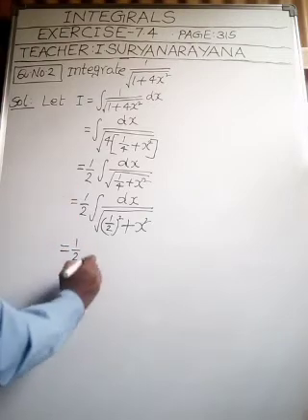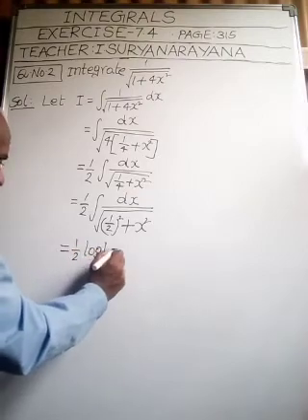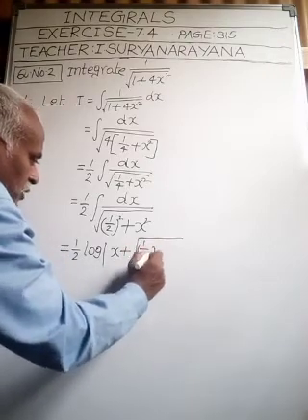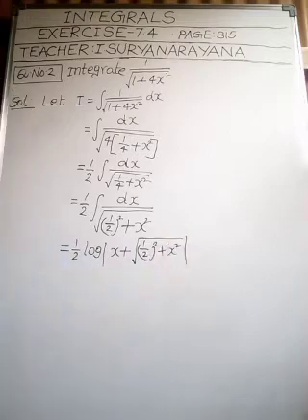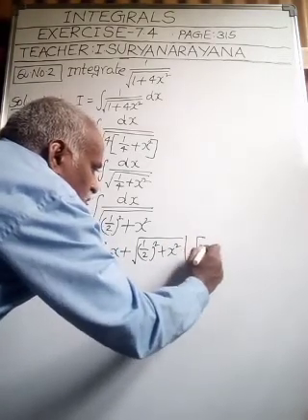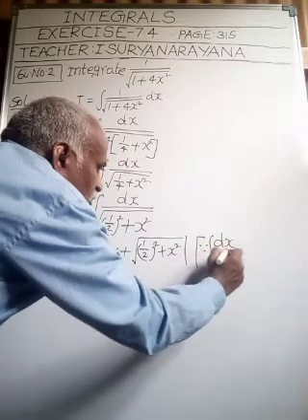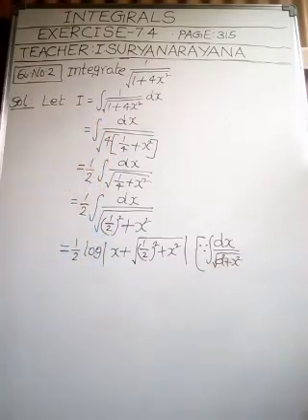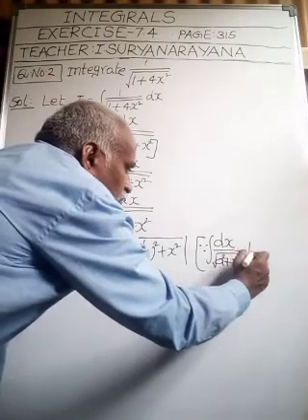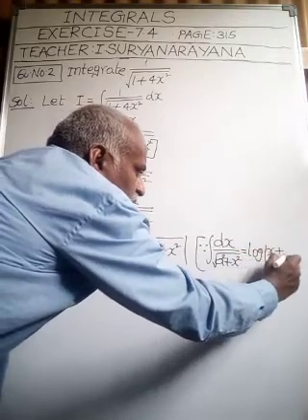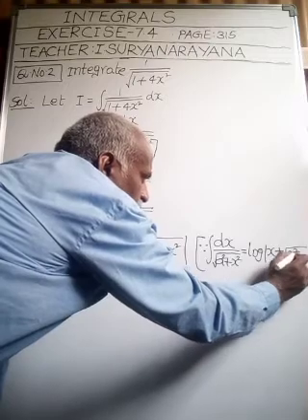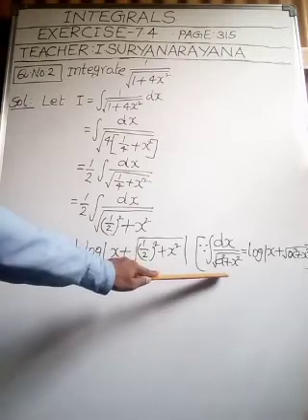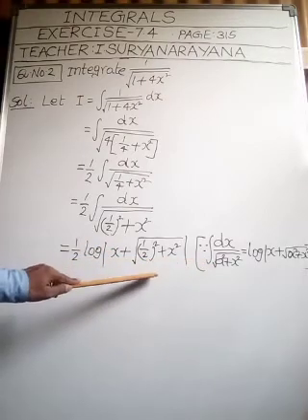So 1 by 2 log mod x plus square root of a square plus x square, because integral dx by square root of a square plus x square is equal to log mod x plus root of a square plus x square. By using this integral formula, we wrote this step. Understood this step, my children?